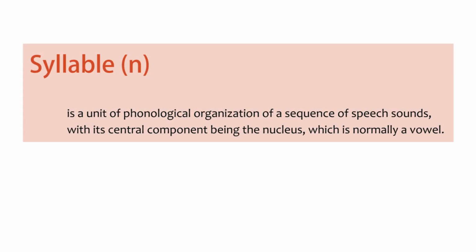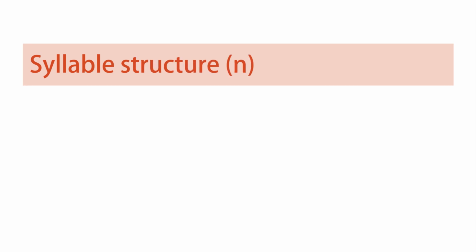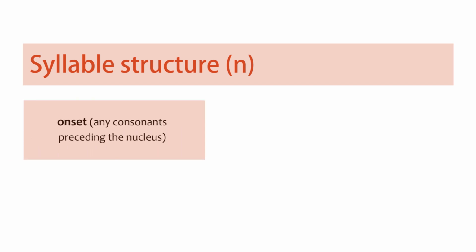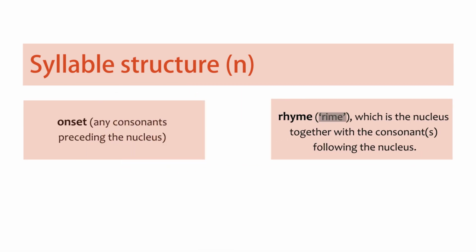So I introduced the concept of syllable, but now I have to introduce the concept of syllable structure. What is a syllable structure? A syllable is often subdivided into the onset, any consonants preceding the nucleus, and the rhyme, also spelled as rime, which is the nucleus, together with the consonant or consonants following the nucleus.